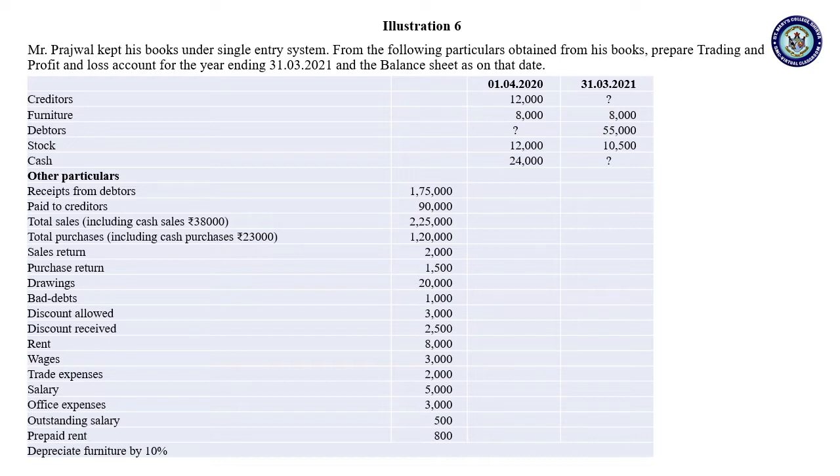So take down creditors 12,000, closing date nil. Furniture 8,000 each. Debtors opening balance nil, last column 55,000.